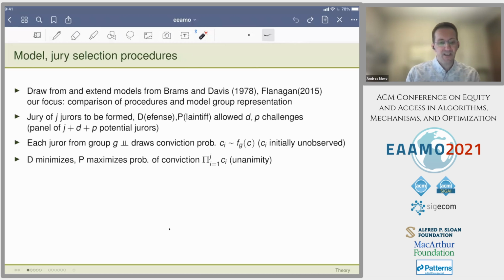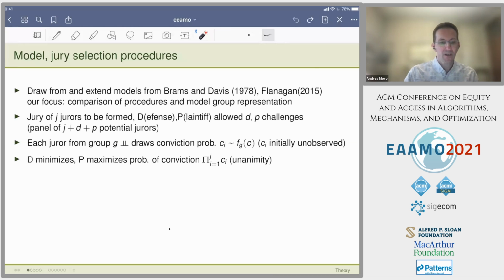The defense wants to minimize and the prosecution wants to maximize the probability of conviction, which we assume to be the product of the conviction probabilities of all the jurors. So we assume that unanimity is required, which is true in most jurisdictions, though not all. We also ignore what happens during jury deliberations.